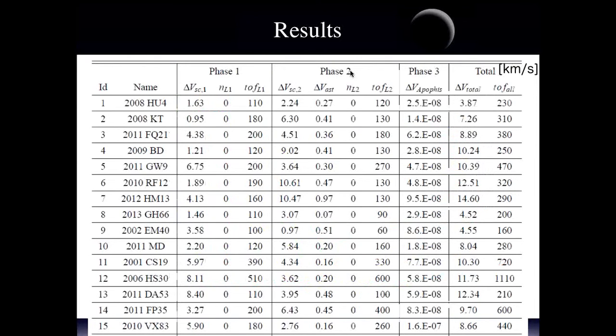And this is the table which shows the delta V for each phase. We can see that the total delta V is very small for some asteroids.